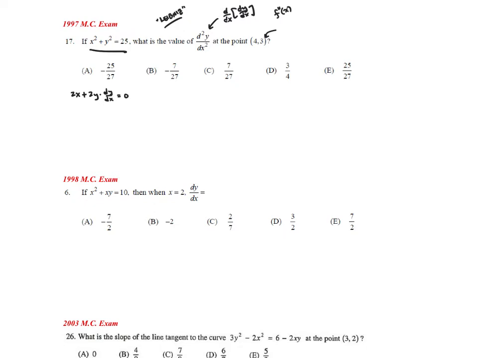You don't have to isolate dy dx, but I am, just so you can see the notation show up as I've shown you in the beginning of the problem here. So I'm going to subtract 2x and divide by 2y, and dy dx ends up equaling negative 2x over 2y, which comes out to equal negative x over y. So there's dy dx. Now I'm going to take the derivative of both sides.